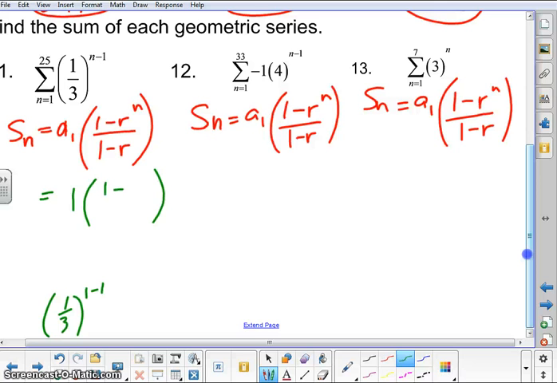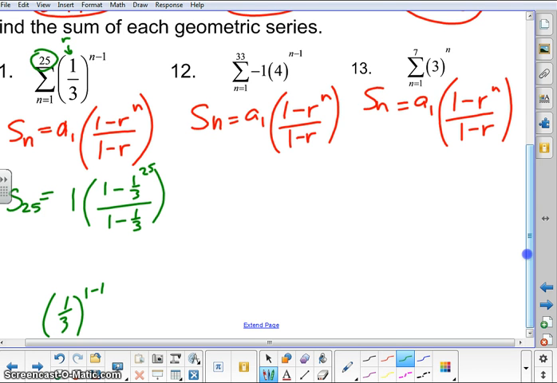And then 1 minus the common ratio, which is going to be really nice in these problems because it's always going to show up inside of the parentheses right before the exponent. So 1/3 to the 25th term, because we know that 25 represents how many terms we're going to find. And then it's all over 1 minus 1/3.